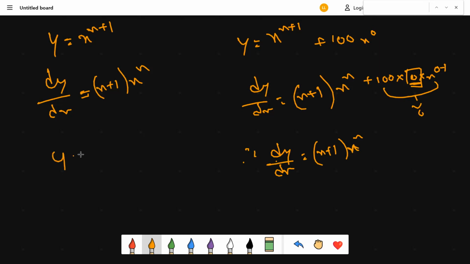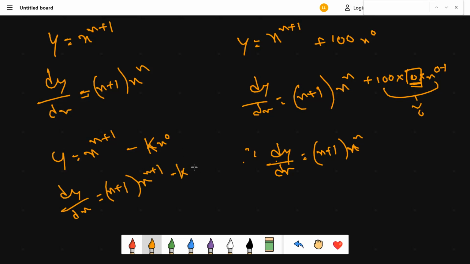Now, let's do another one, which is y equals x to the power n plus 1 minus, let's say, some k. K is a constant here. So k means there is an imaginary x to the power 0 here. So dy by dx equals n plus 1 x to the power n, minus k, and here the power comes in front, times x to the power 0 minus 1.